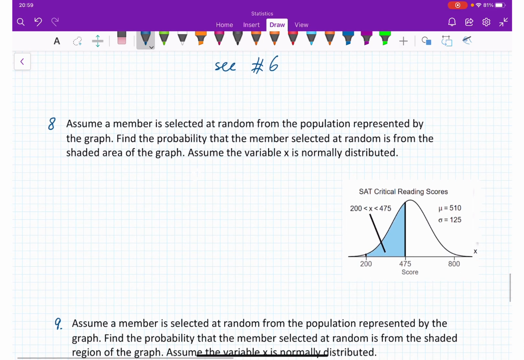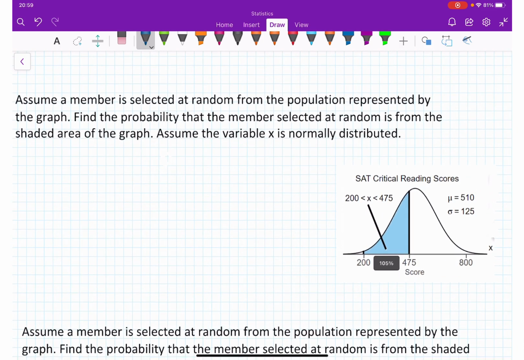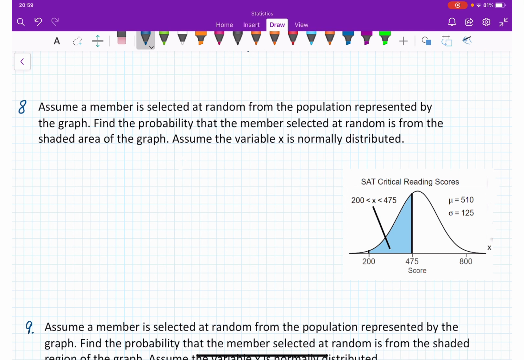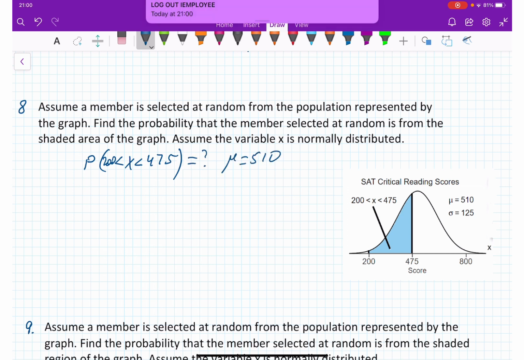Number 8. There we go. Here you need to find between. Here we have between. X is 471. So we need to find probability that x is greater than 200 and less than 475. Okay. Mu is 510 here.